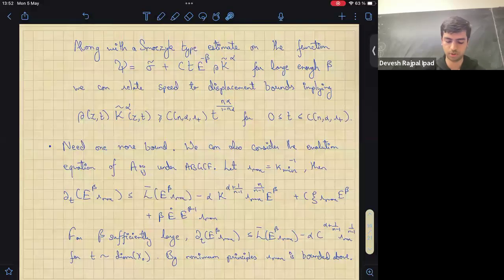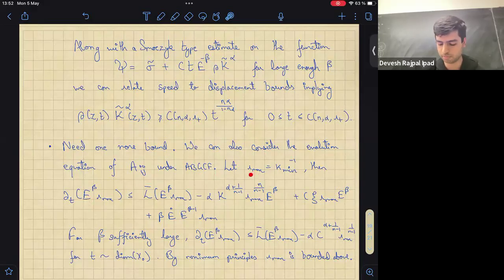We need to bound one more quantity to get complete control over the curvature. Like in the case of Gauss curvature flow, we can consider the evolution equation of the matrix A_ij. Under APGCF, it will have some extra terms, which again we can cancel out using large powers of entropy.